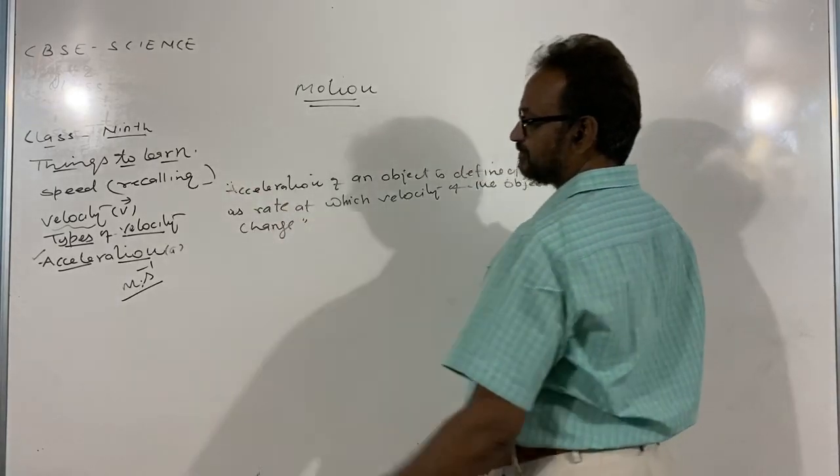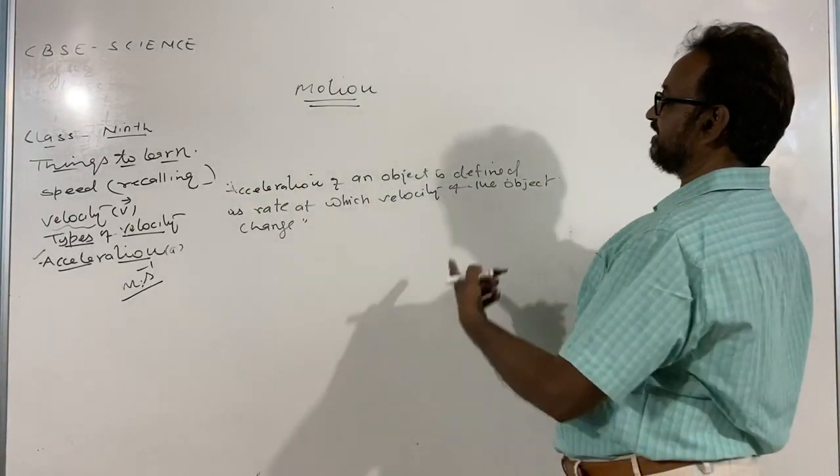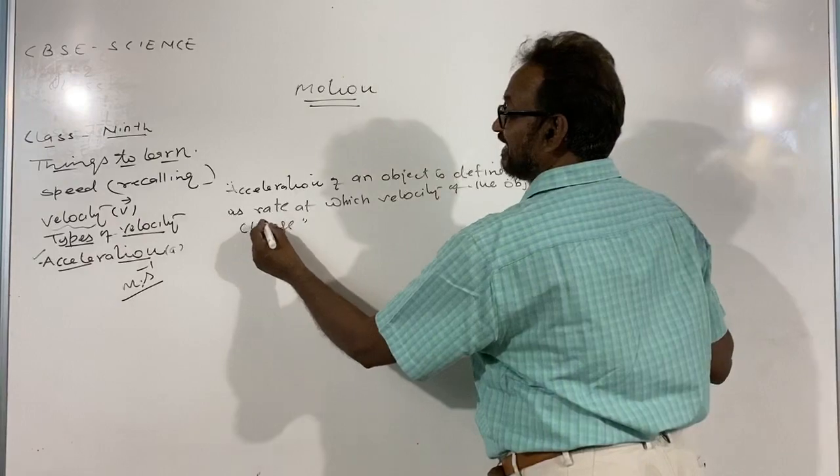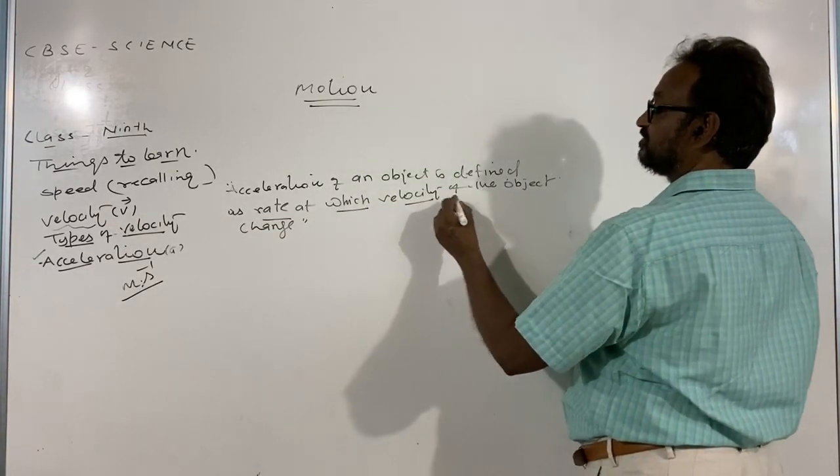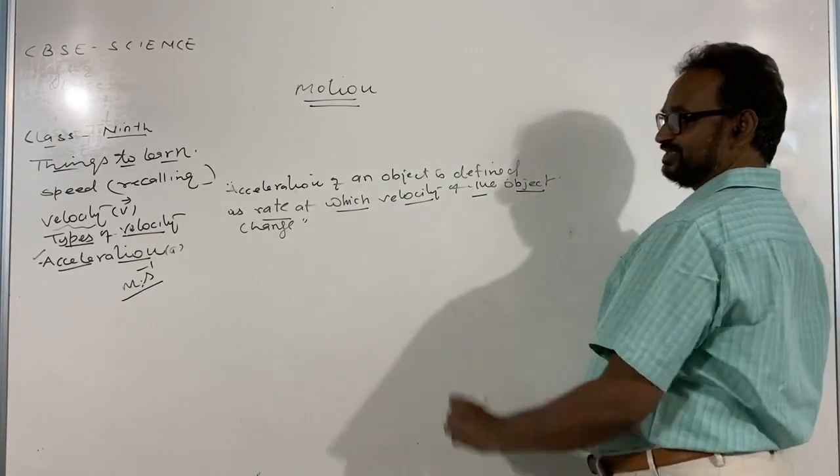What is acceleration? Acceleration of an object is defined as the rate at which the velocity of the body changes.